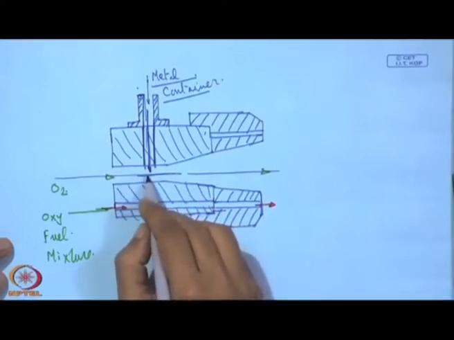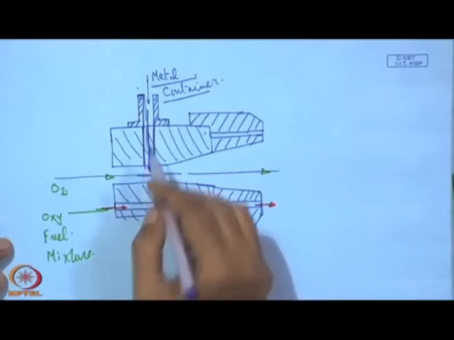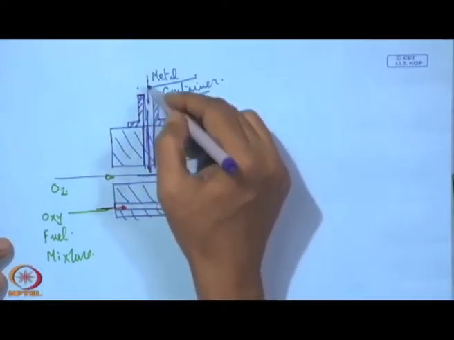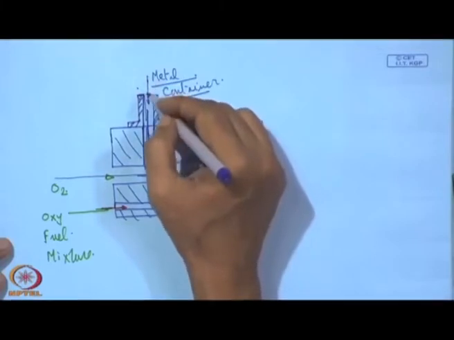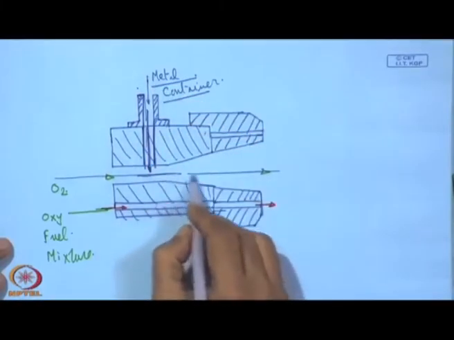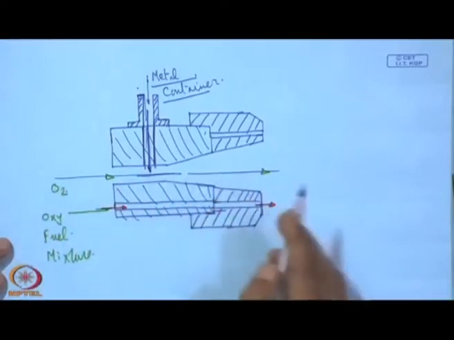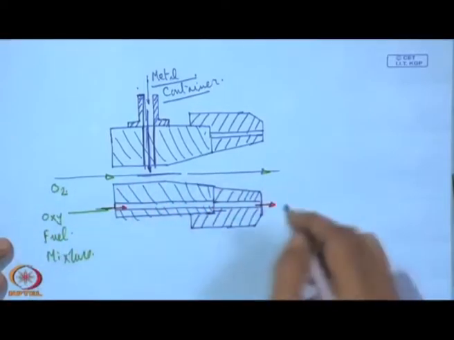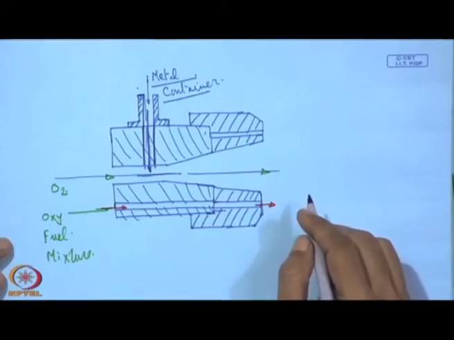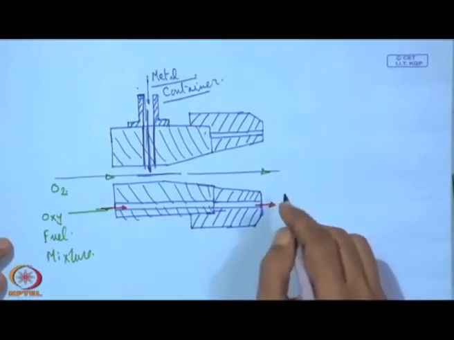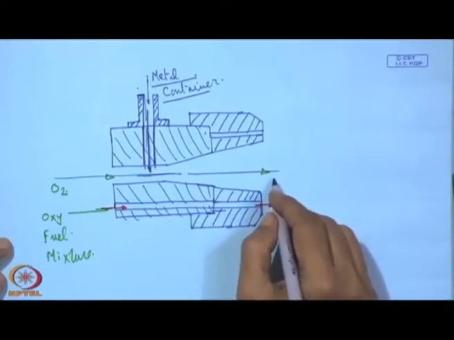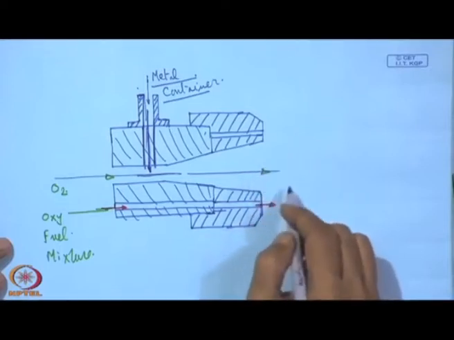Since the velocity is high, pressure will fall, and because of that fall of pressure there will be a drag. It will suck this metal powder through this, and the oxygen will direct this metal powder and the oxy-fuel mixture to reach this point, where we have the flame front.